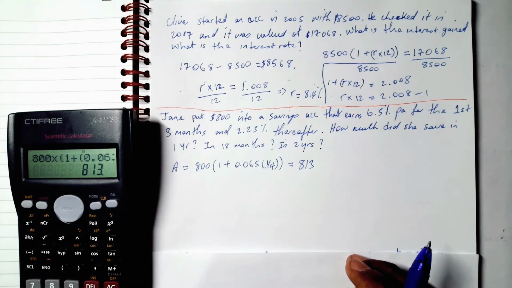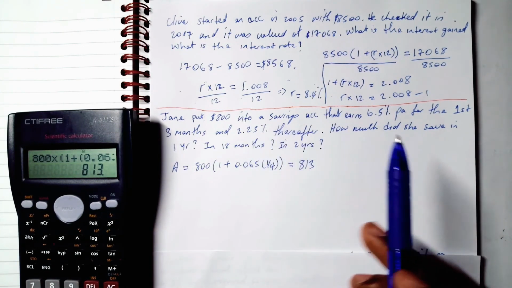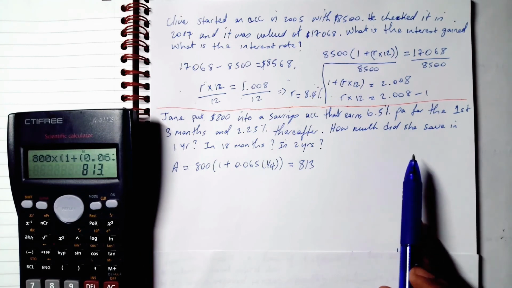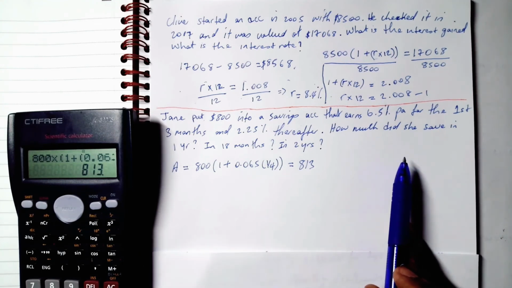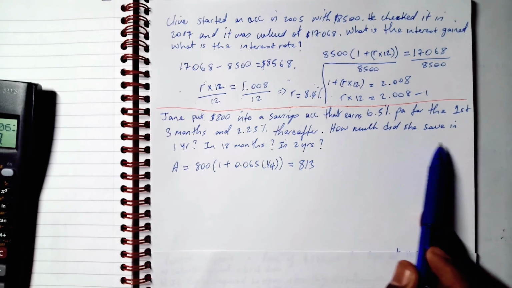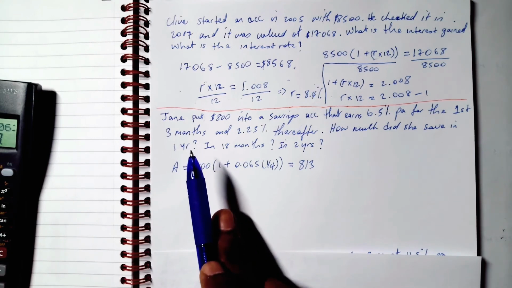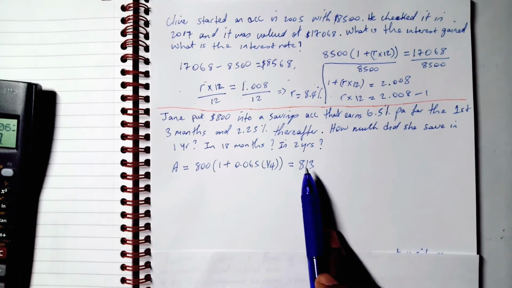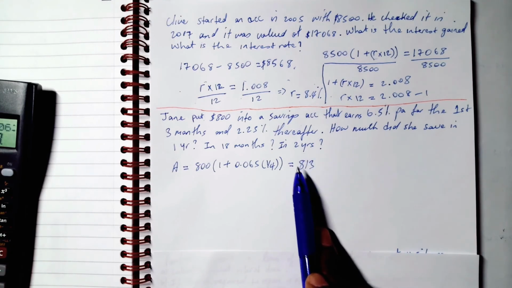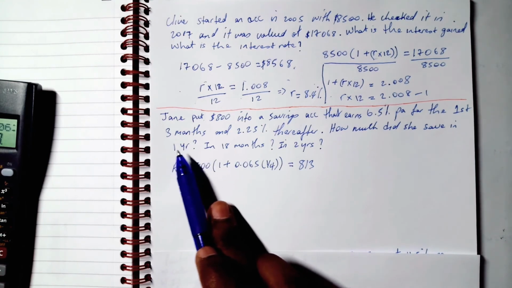You will then take that amount and accumulate it at 2.25% for the remainder of the investment. So, the first one said, how much did she save in 1 year? We calculated the first 3 months already and got this. So we want to know, how much will this accumulate to at the end of the remaining 9 months?